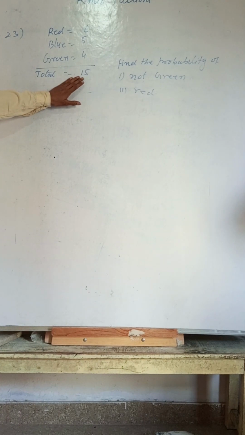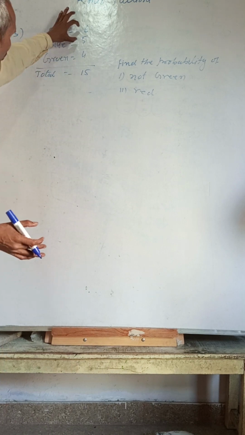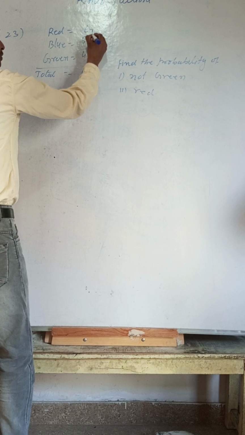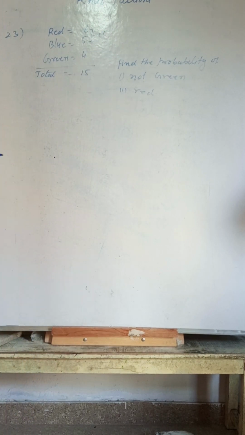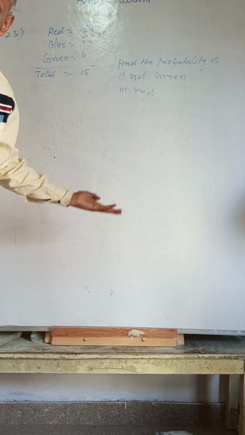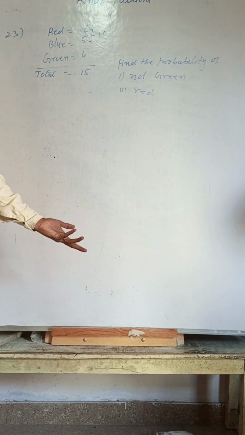What is the probability of not finding the green color? Now the total is 15, but green is 4 in that. So which are not green? These are the 11 balls, because 6 are red and 5 are blue. That is not green; the other 4 are only green.